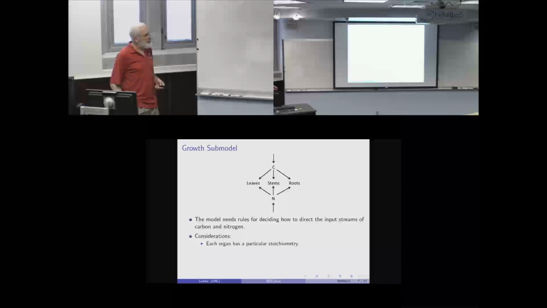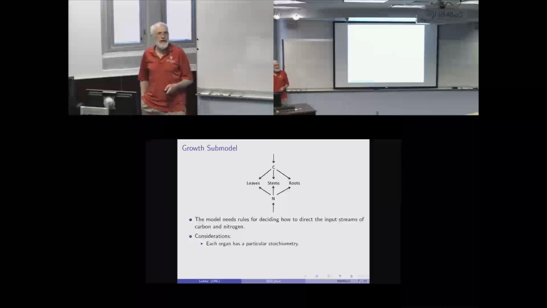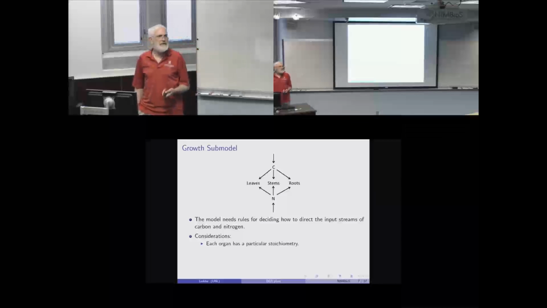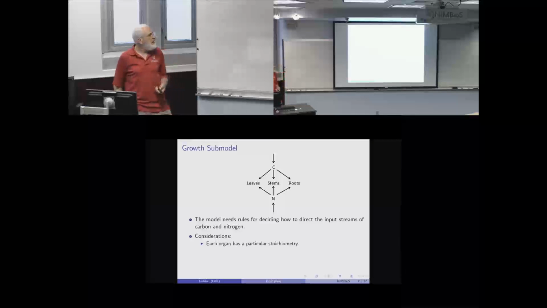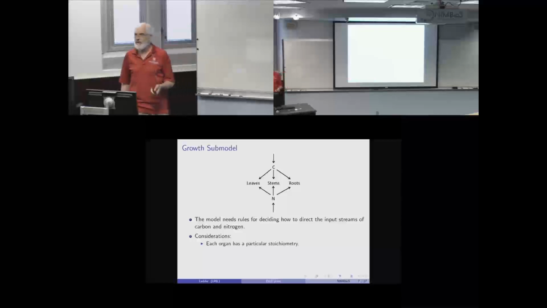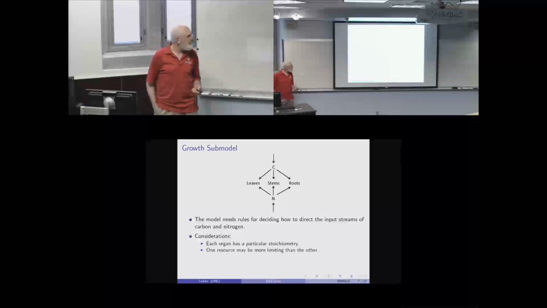And there's some considerations. Each organ has a particular stoichiometry. So even if you think of leaves as a single organ, when in fact you could divide it up into several smaller organs, there's a nitrogen-carbon ratio used to build leaves. That might be different from one plant to another. It might be different from one leaf to another, but we're going to ignore that for now. But it's certainly different between leaves and roots.